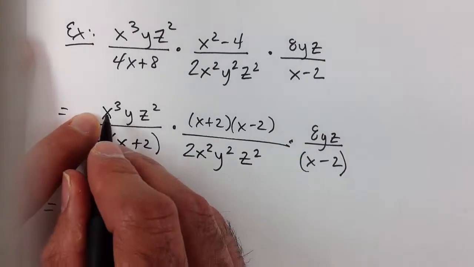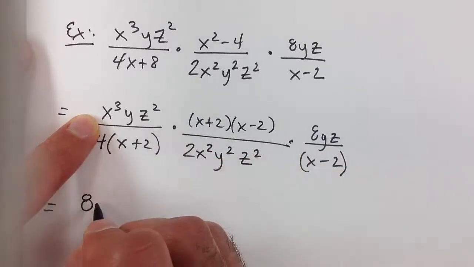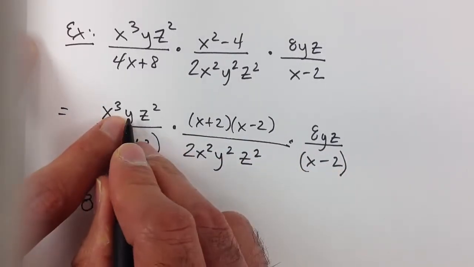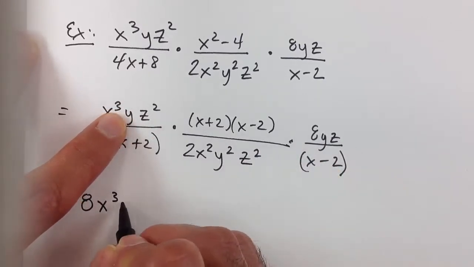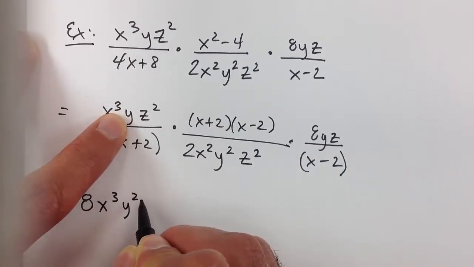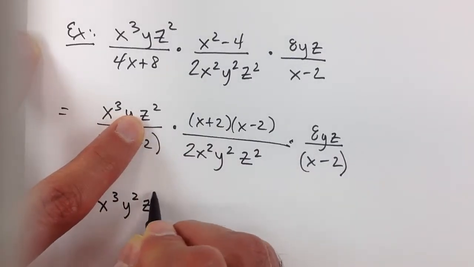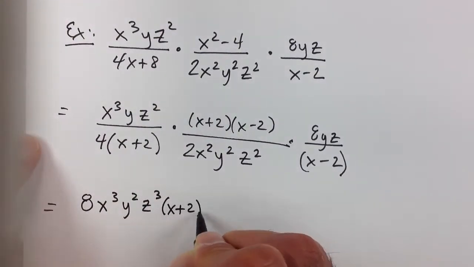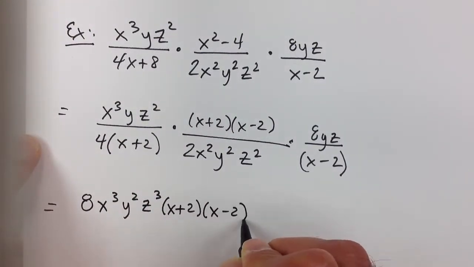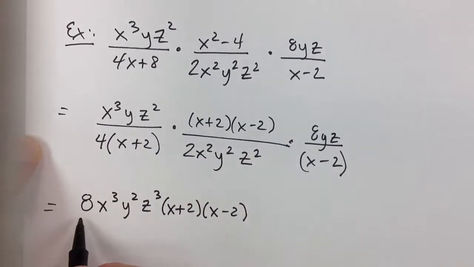Then we have an x cubed here. There's no other single x factor, so I'll write that down. We have a y factor here and also a y factor over here. Multiplied together, you get y squared. And then we have a z squared and another z here, which would give us z cubed. Then these two binomial factors can be written on the end. Again, everything's still being multiplied together, but slightly simplified.